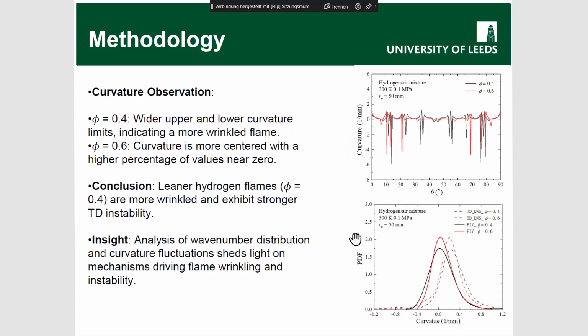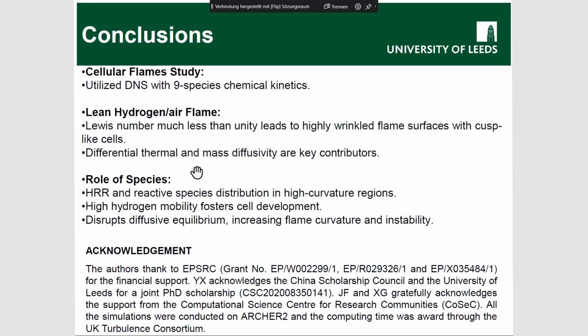Firstly, we compare the results between different equivalence ratios. For equivalence ratio 0.4, we can see wider upper and lower curvature limits, indicating a more wrinkled flame surface. For equivalence ratio 0.6, the curvature is more centered, with a higher percentage near 0. It means it's smoother.